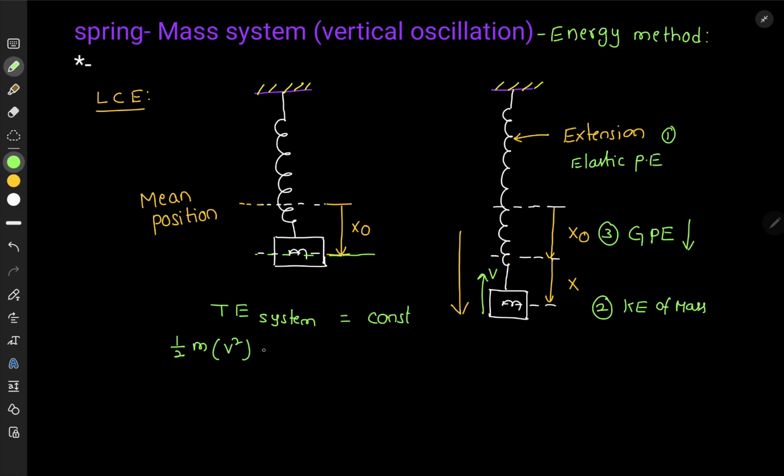Next, half k x square, where x means the total displacement, x naught due to weight and x due to external force. That's why half k into (x naught plus x) whole square, minus the gravitational potential energy decrease, minus mgx, equals constant. Total is going to be constant.